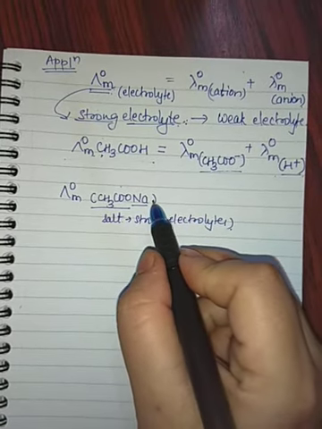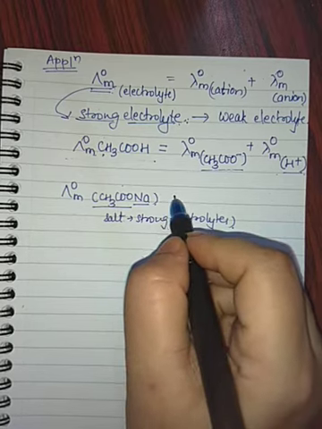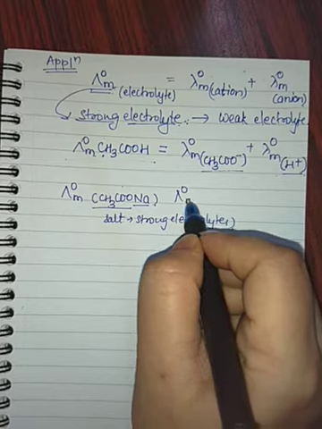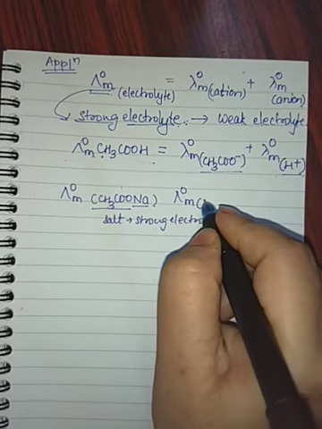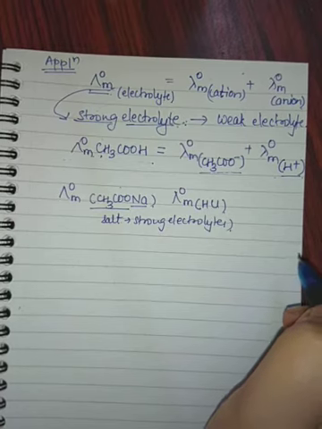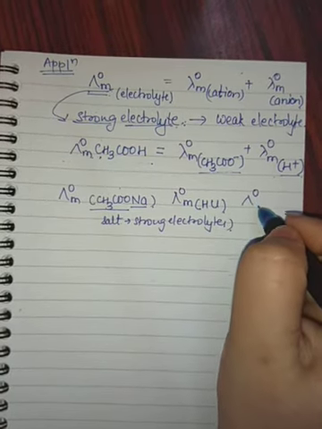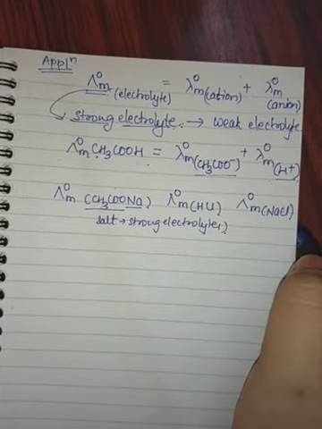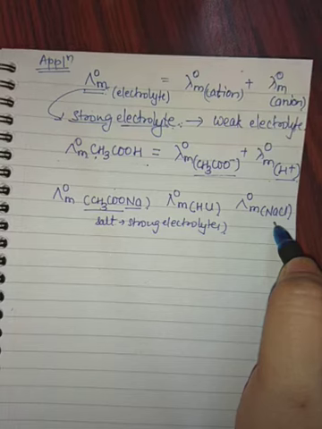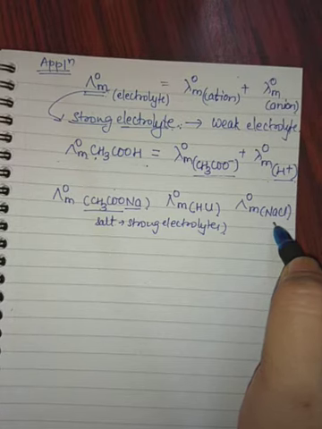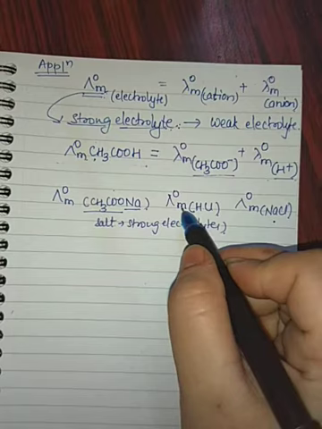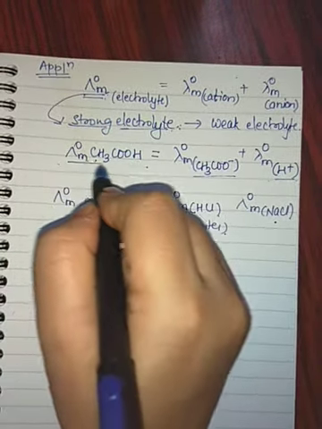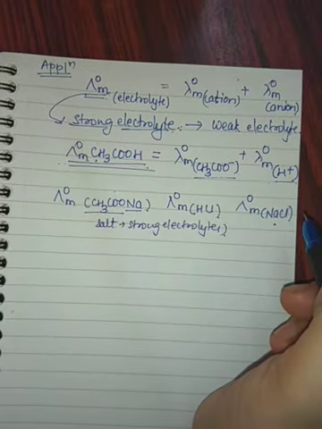So if you know the limiting molar conductivity of sodium acetate, and of HCl, and also of NaCl, since all are strong electrolytes, we can calculate their limiting molar conductivity from the graph. So if you know these three limiting molar conductivity values, then you can calculate the limiting molar conductivity of acetic acid.